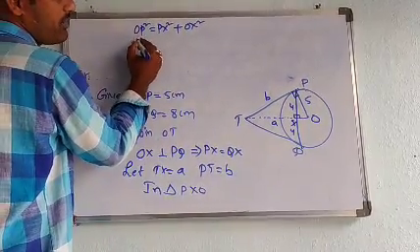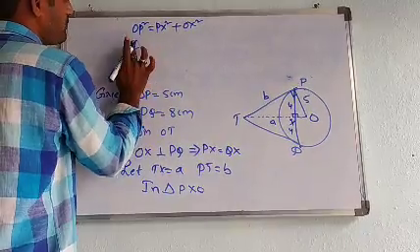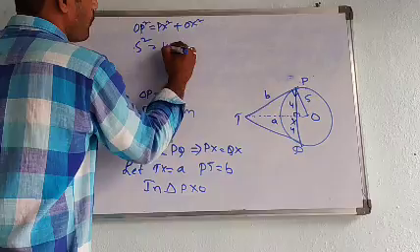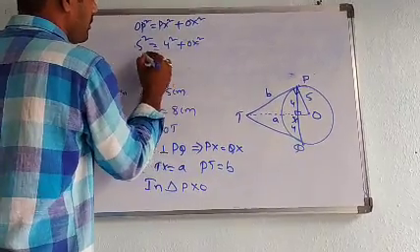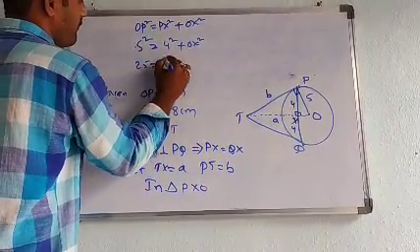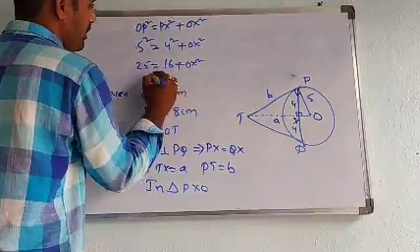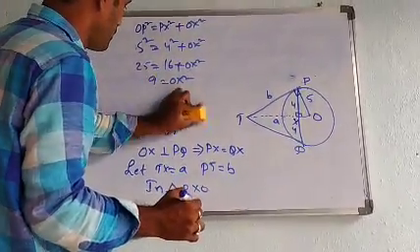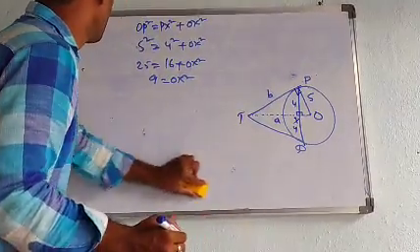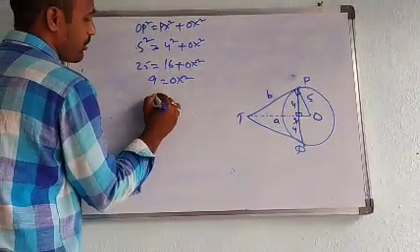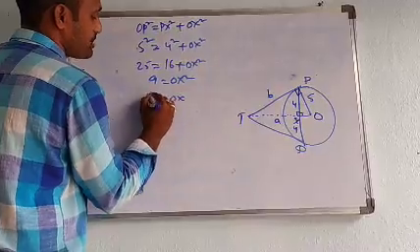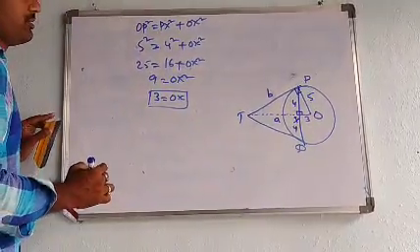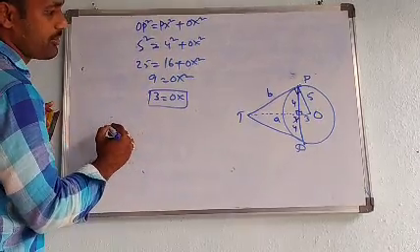So 5 square is 4 square plus OX square. So 25 is 16 plus OX square, 9 is equal to OX square. So we are getting OX equal to 3. Why? Because the square root of 9 is 3. OX is equal to 3.